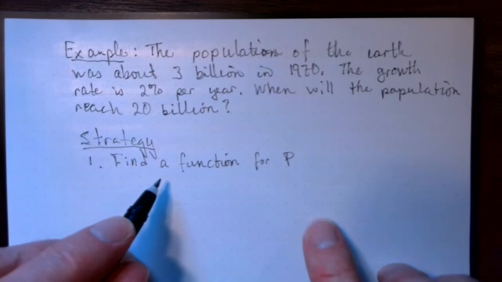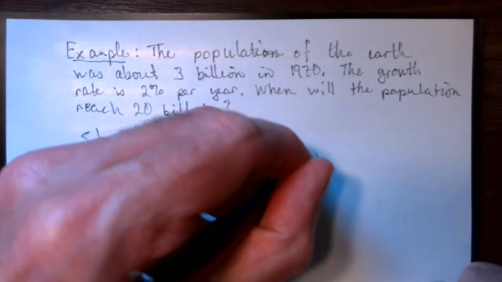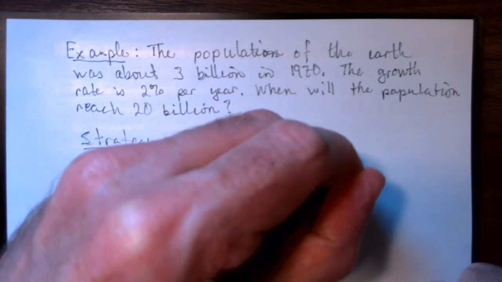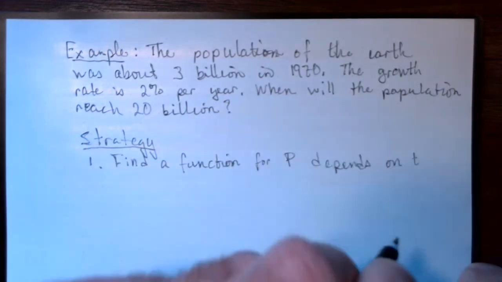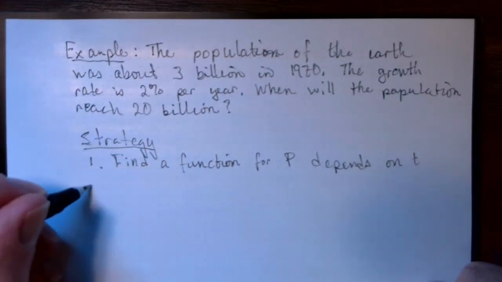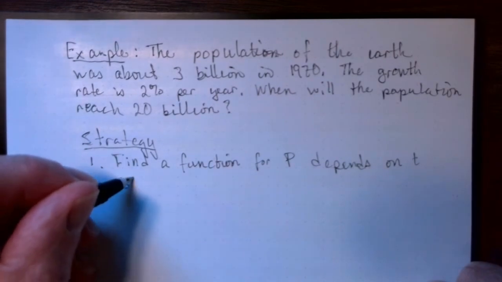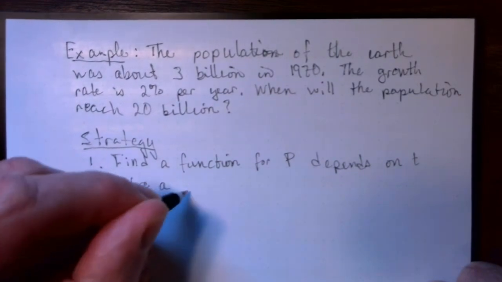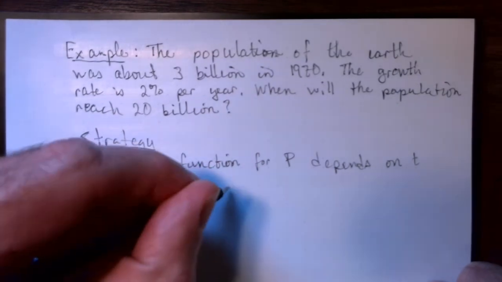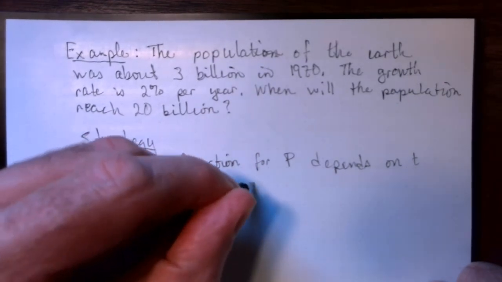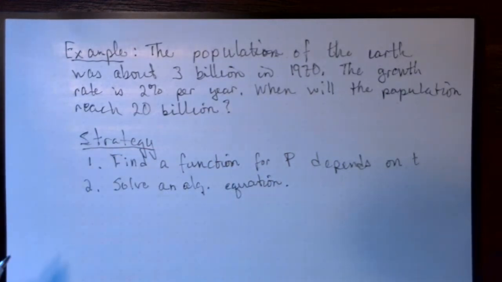I'm going to find a function for the population, and that function will depend on the variable t for time. And then once I've got that function, I'm going to solve an algebraic equation to get the t value that I'm looking for.